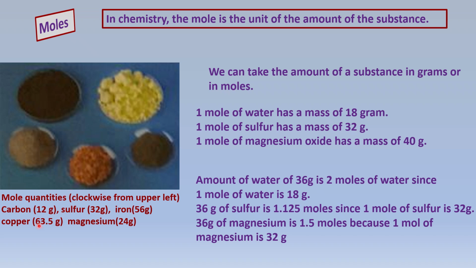Copper, 63.5 grams is 1 mole. What about magnesium? Magnesium, 24 grams of magnesium is 1 mole. So you can either take the amount of a substance in grams or in moles.